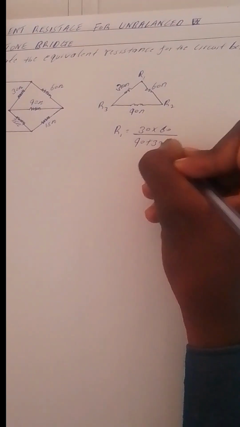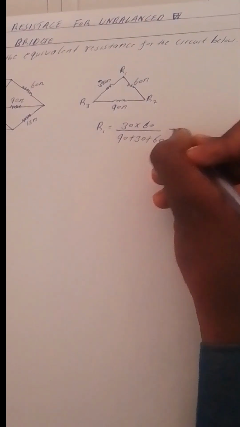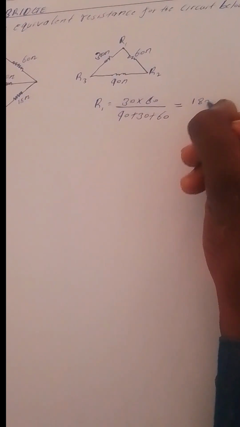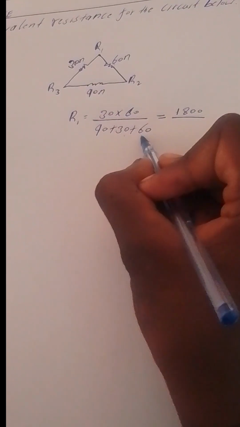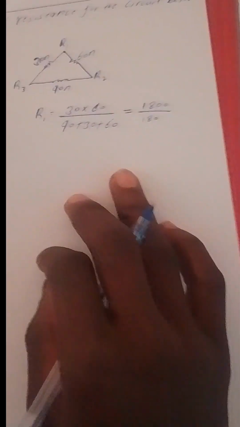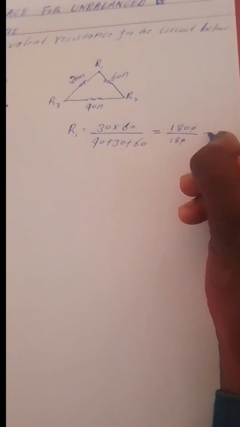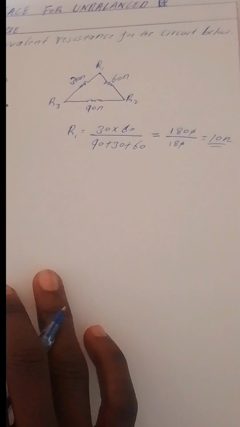That gives us 1800 over 180. If you solve this, we will have 10 ohms. So for R1 we have 10 ohms.